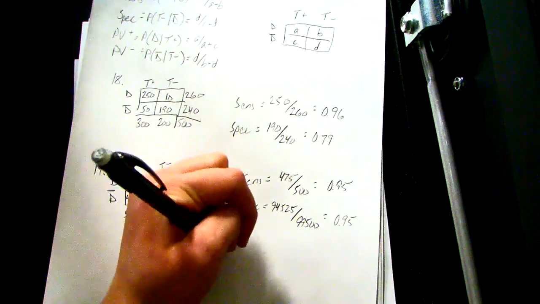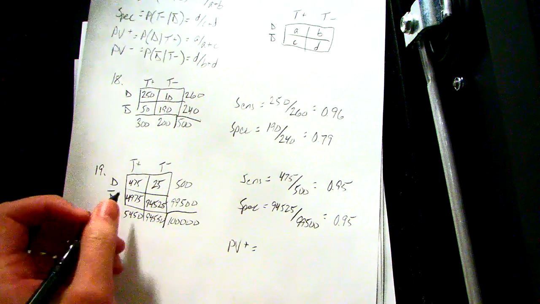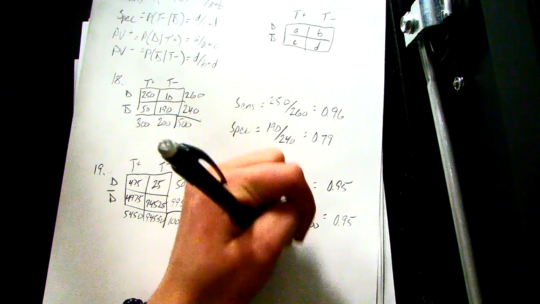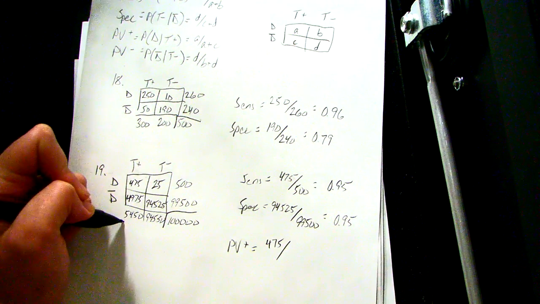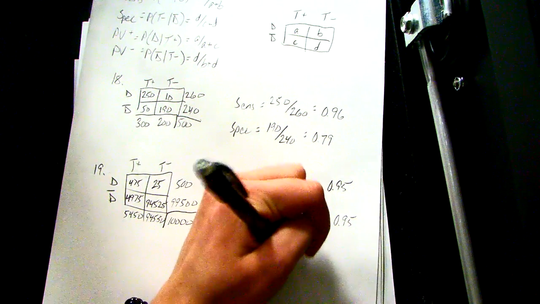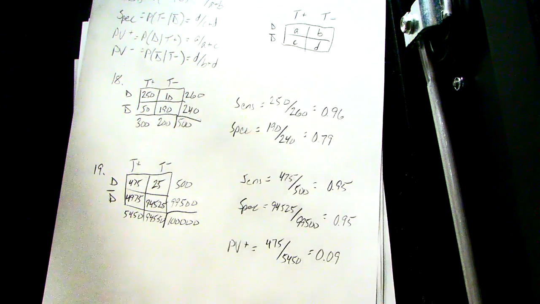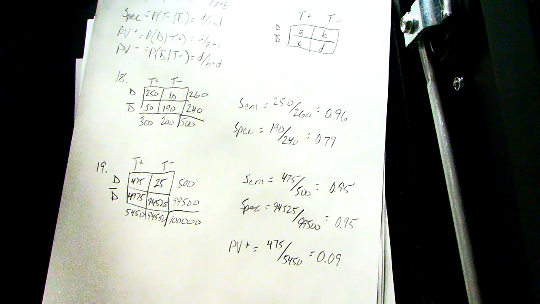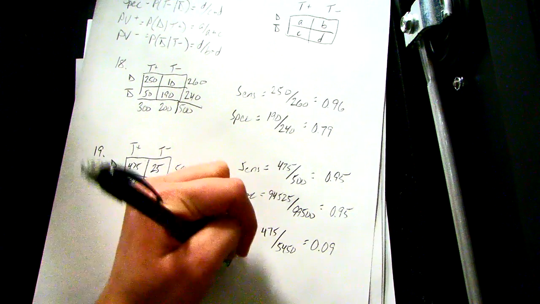And then our positive predictive value is cell A, 475, over A plus C, so it would be this margin. And that gives us a result of 0.09, which is a low positive predictive value.